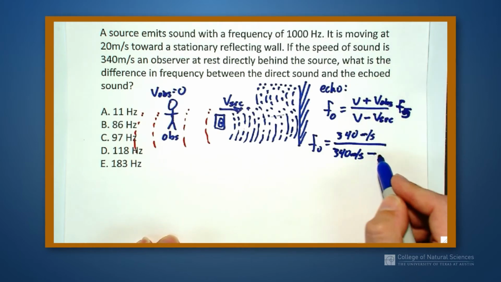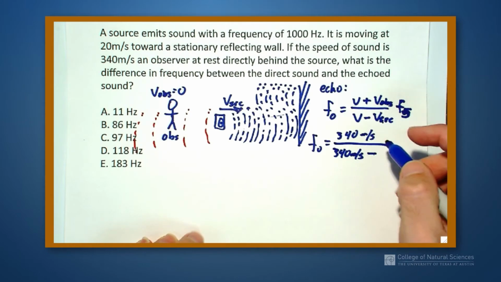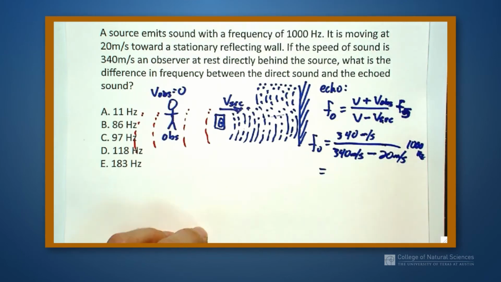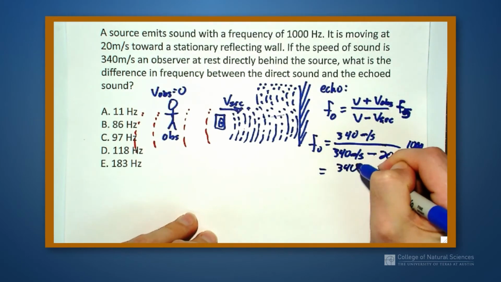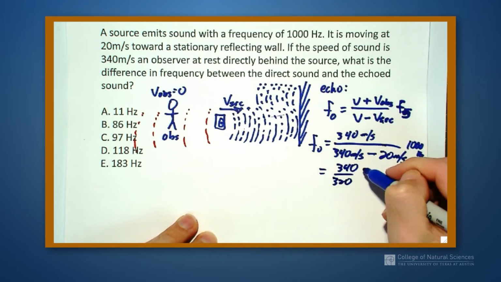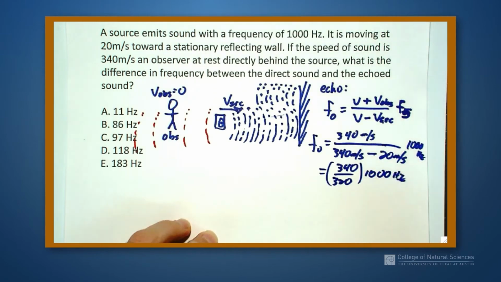So I get the minus sign from the equation, and this value is a positive 20 meters per second, all times the 1,000 hertz. So 340 divided by 320 times 1,000 hertz. And this is the echo.